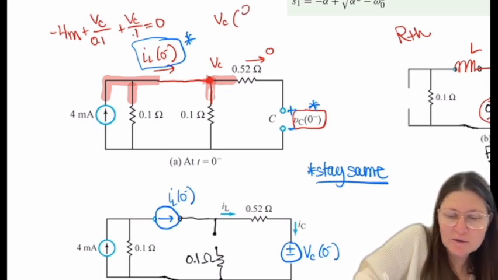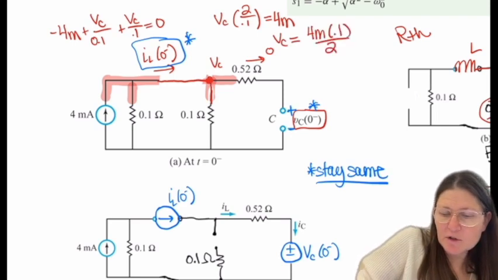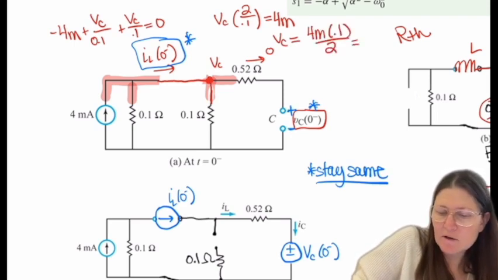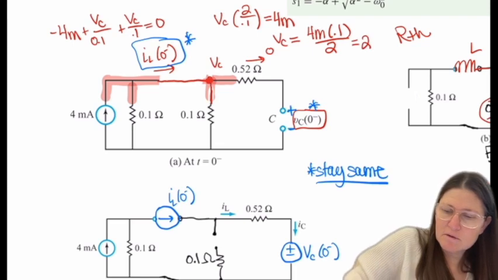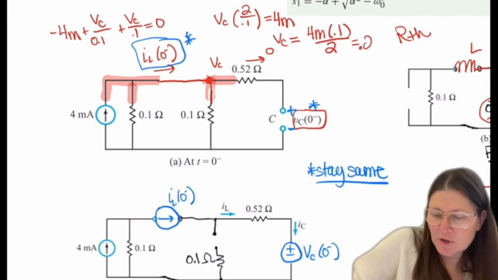Combining those, I get 2 over 0.1 and 4 milli, and then this becomes 4 milli times 0.1 over 2 to give me 0.2 millivolts.